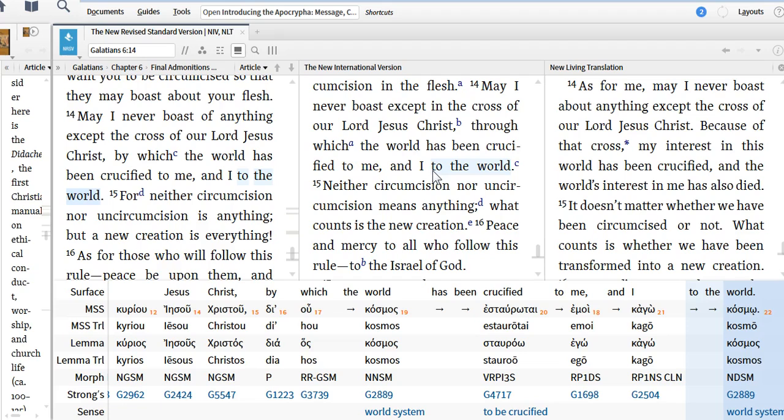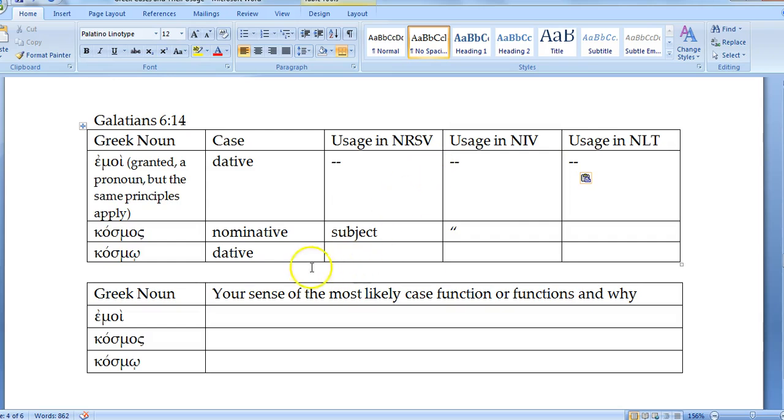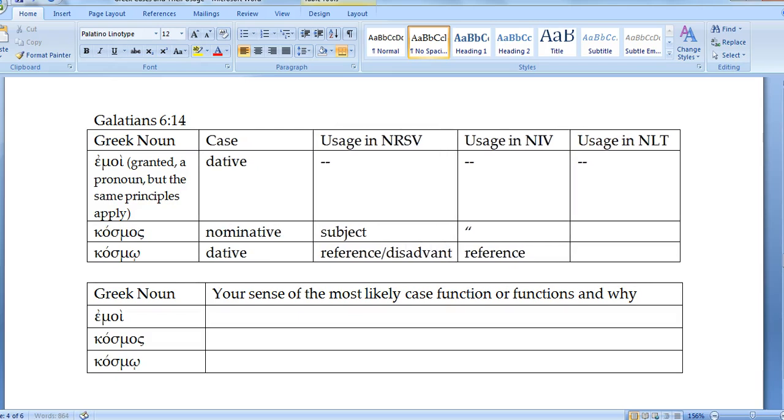And that probably is the best way to take it, a dative of reference. It is possible, just given the nature of the verb, crucify, that we could construe it as a dative of disadvantage.